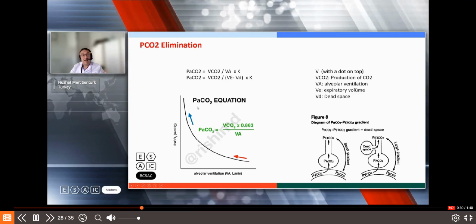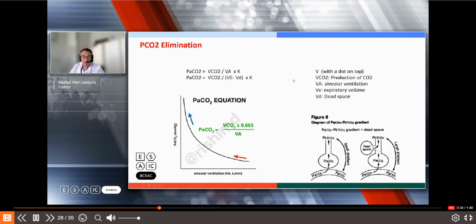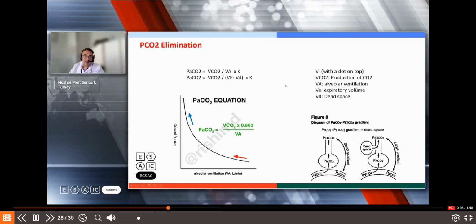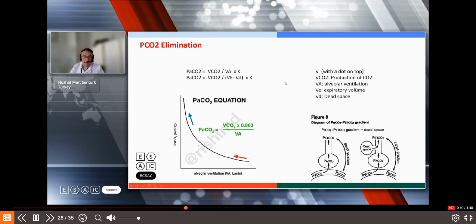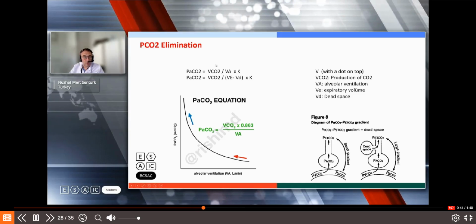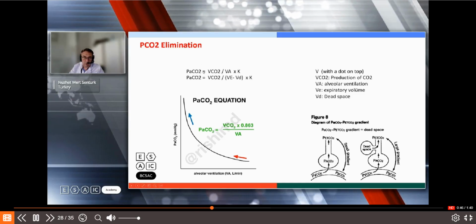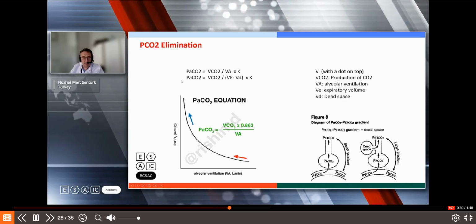And it is inversely proportional to alveolar ventilation, because this is the way that we exhaust the CO2 from the body. So the higher the CO2 production, the higher the PCO2. The higher the alveolar ventilation, the lower the PCO2.